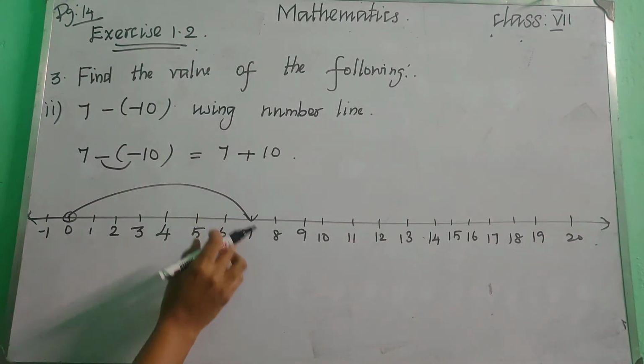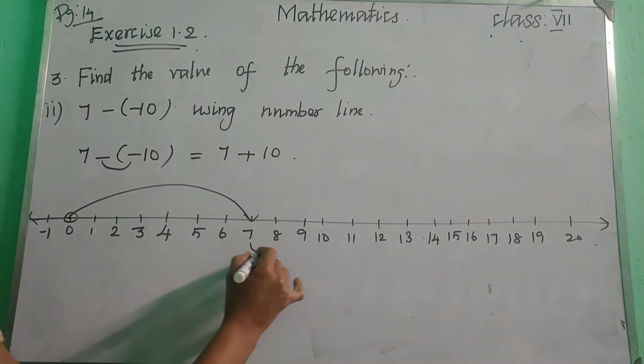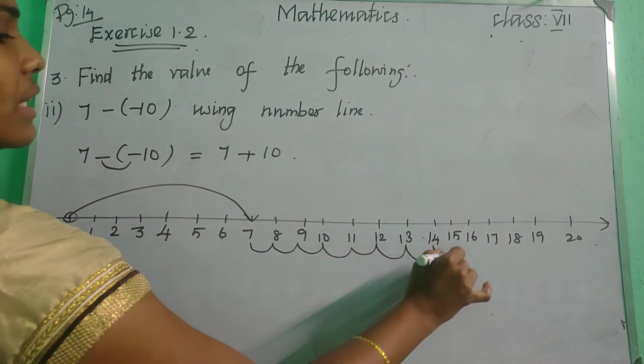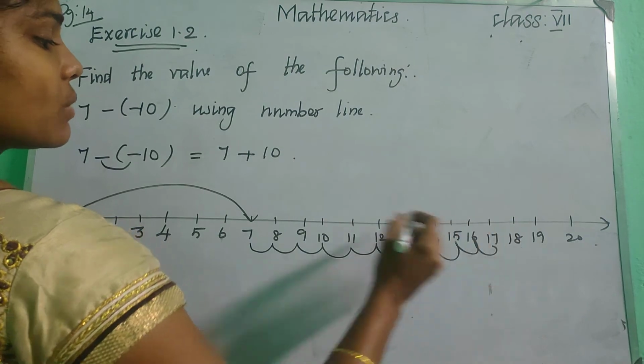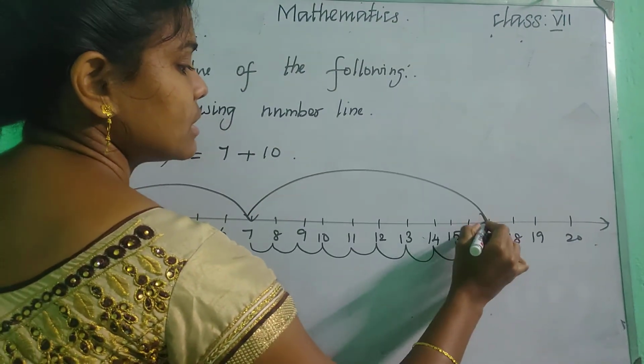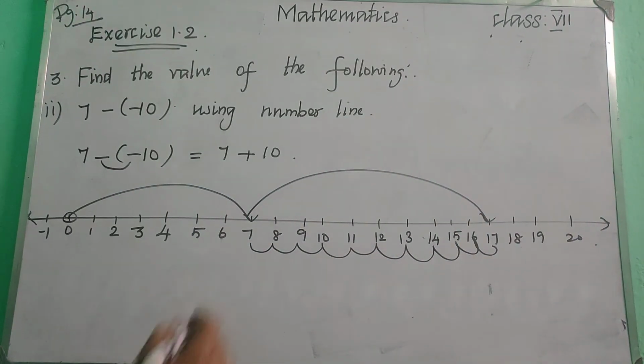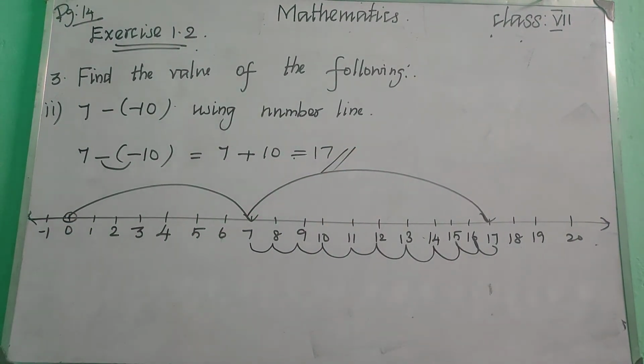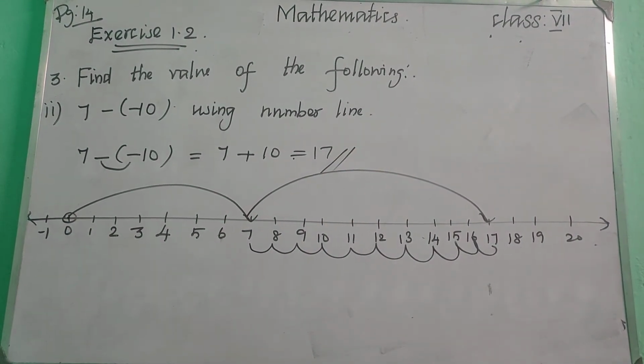From 7 we need to move 10 steps: 1, 2, 3, 4, 5, 6, 7, 8, 9, 10. So the answer we got is 17. Take down this in your notebook. Pause the video and write.